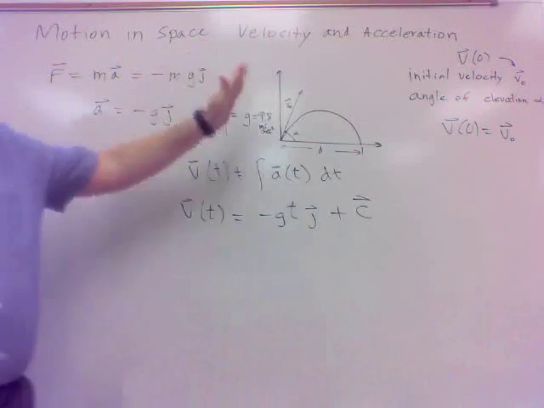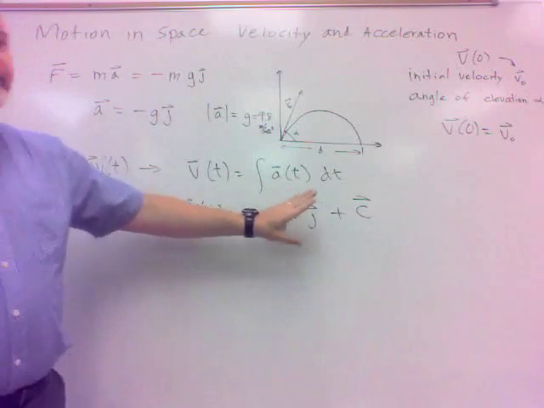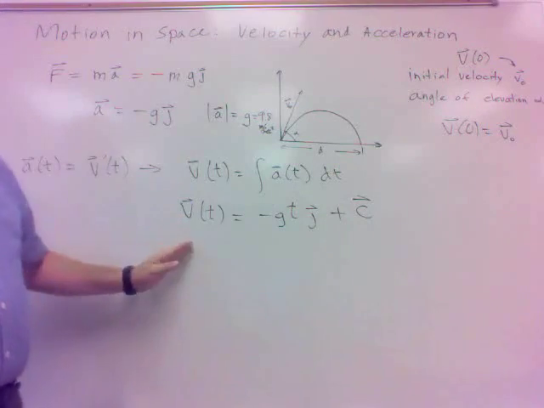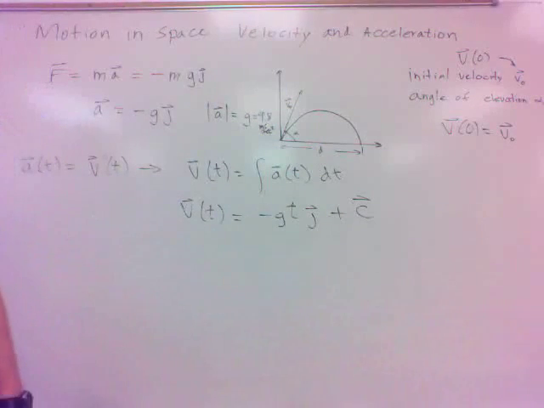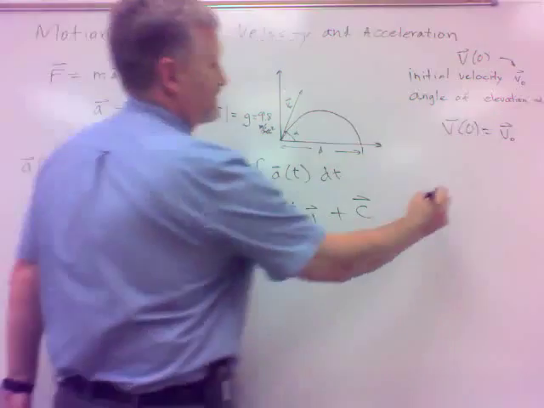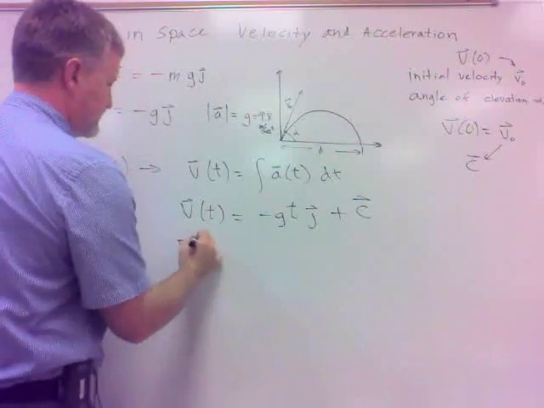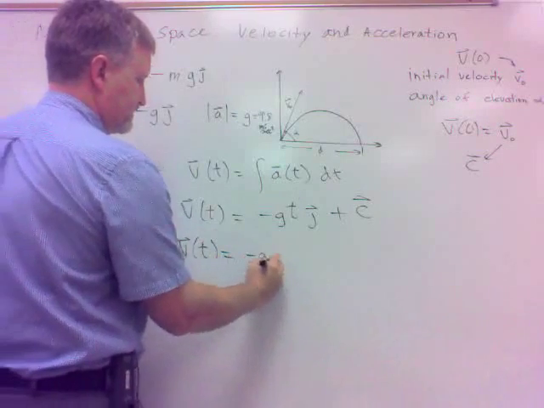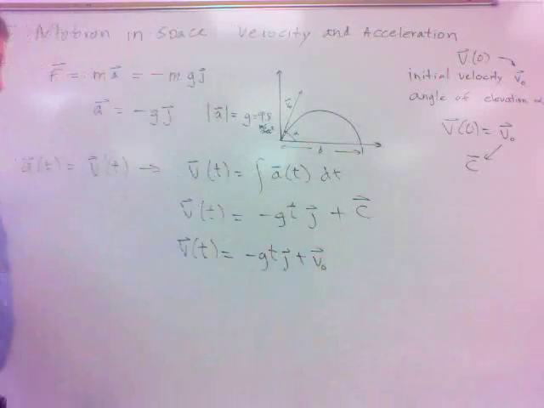And so whatever that is, that's going to be our constant, because at t equals 0 this term is going to be 0. So the constant equals v0, which we know is v sub 0. A little confusing, I guess, notation-wise. But that's going to be C also. So v of t is negative gtj plus our initial velocity vector.